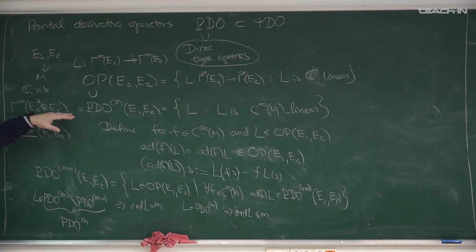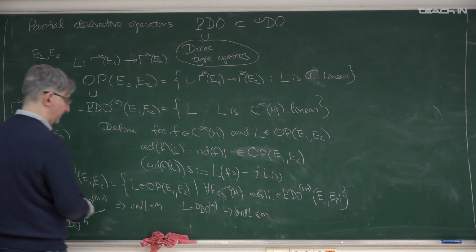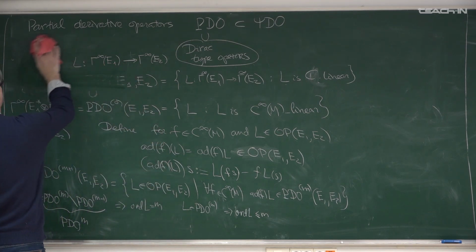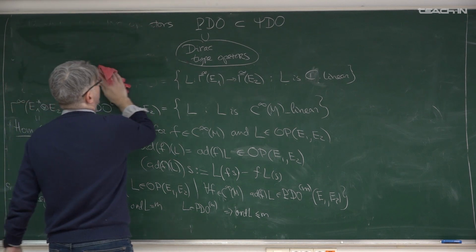Operators of zero order are just linear maps from one vector bundle to another. Okay, let us consider a very simple example.